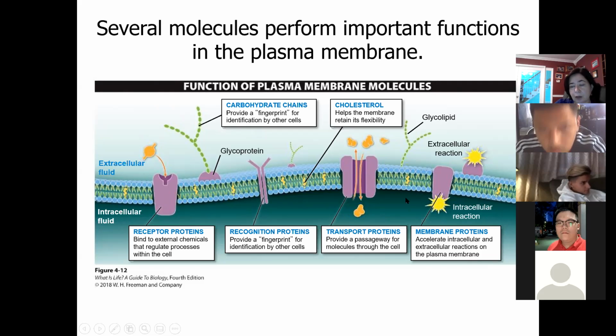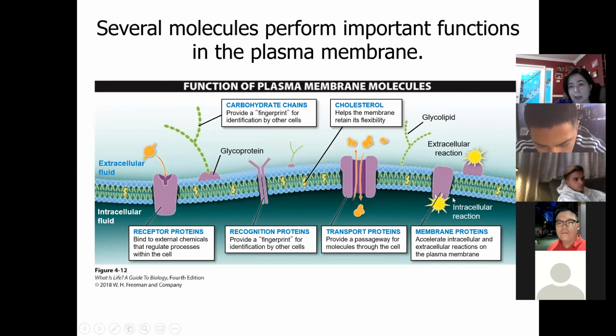Within the membrane, you find a lot of proteins. Proteins play important functions. Proteins can be receptors. Receptor means they're a sensor. A chemical messenger can bind to the receptor and deliver a message to the cell. Some proteins are what's called recognition proteins. Recognition proteins, in animals and also in plants, are part of the immune system. A lot of transport proteins, as I said, bring hydrophilic molecules in or out.